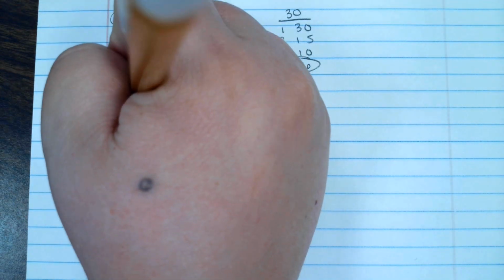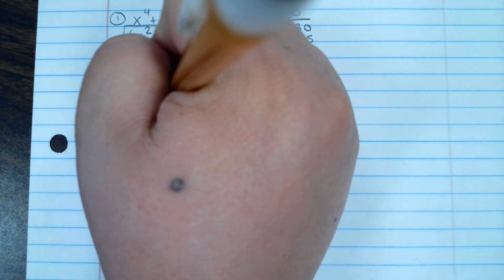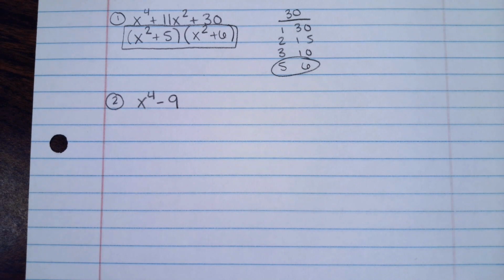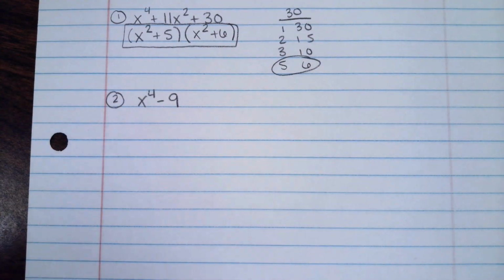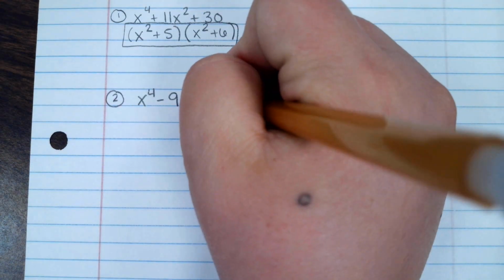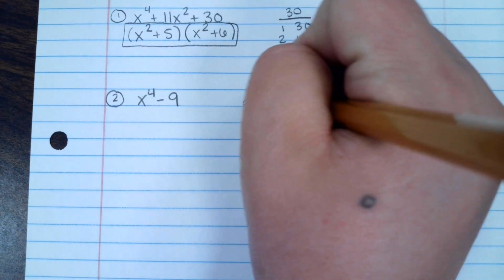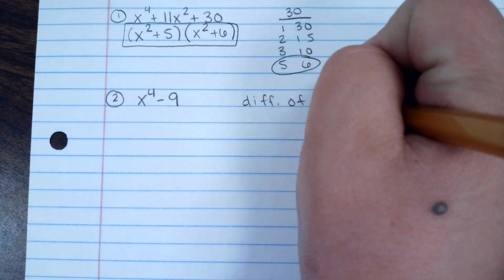All right, what about this one? x to the fourth minus 9. So this one's a little different. We just don't have that middle term, right? We have x to the fourth and we have a constant. Well, we've got difference of perfect squares.